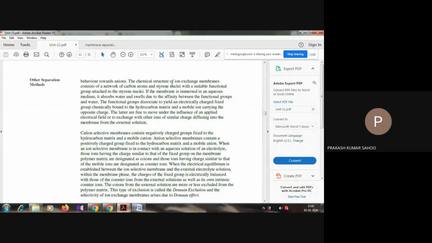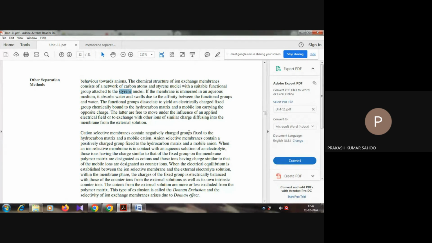The chemical structure of an ion exchange membrane consists of a network of carbon atoms of styrene nuclei with a suitable functional group attached to the styrene nuclei. Yesterday we learnt that styrene is nothing but a benzene ring attached with CH double bond CH2. That means one vinyl group is attached to the benzene ring and it is named styrene.